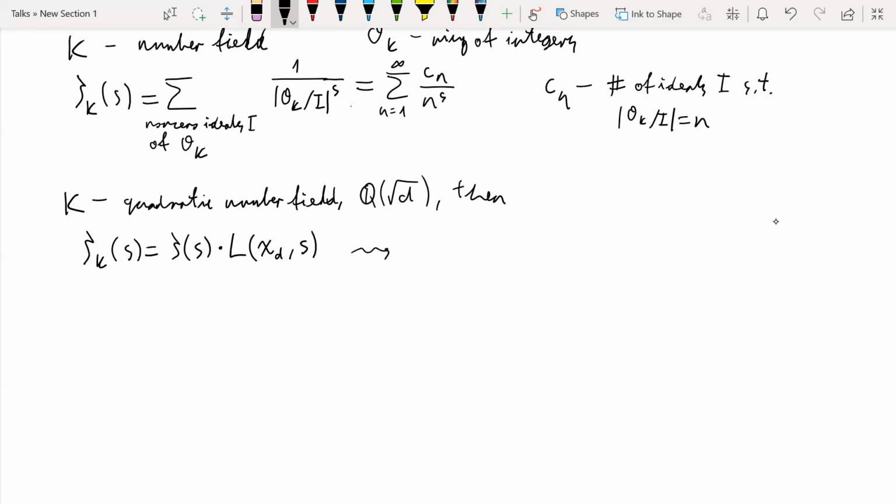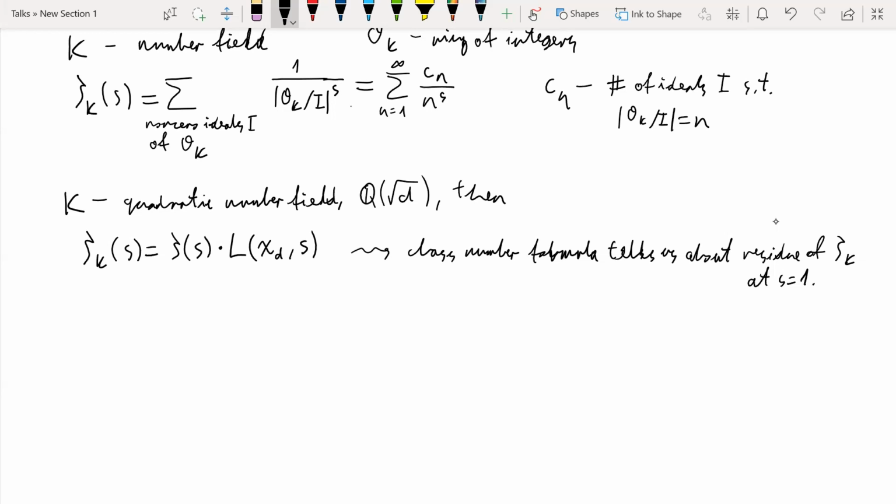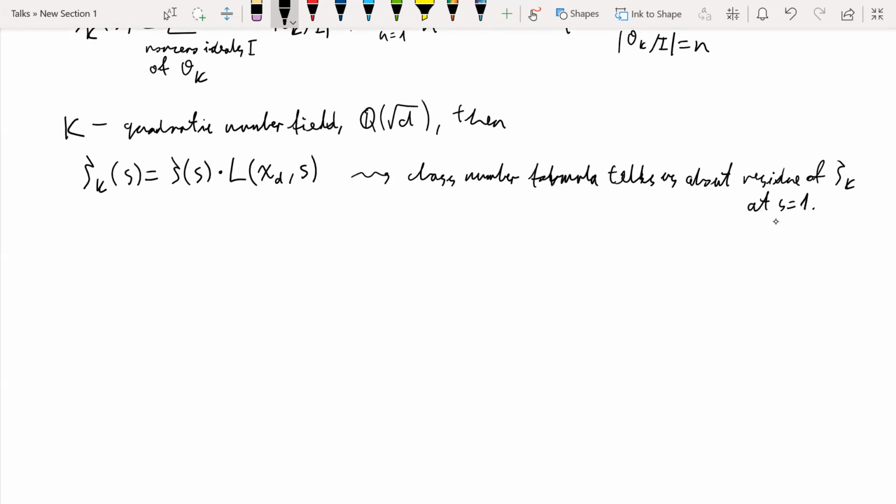So this means that the class number formula tells us the residue of zeta K at s equal to 1. And the general class number formula is a similar statement, but it holds for an arbitrary number field. So let me state this theorem. Let K be a number field.